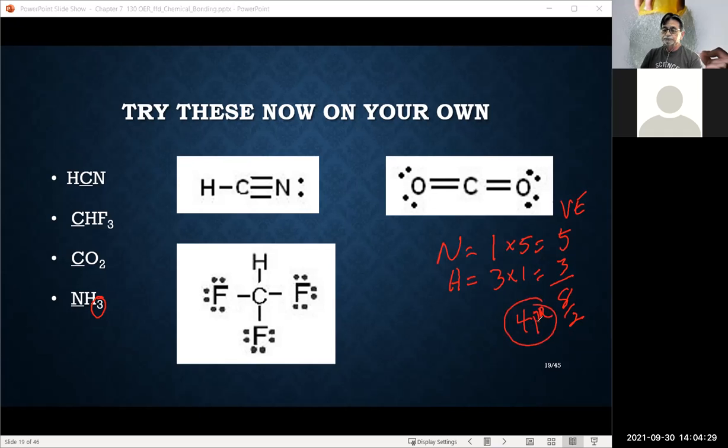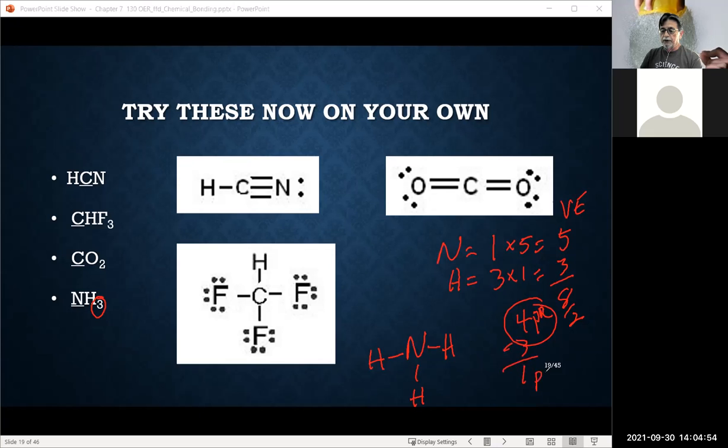4 pair. Okay, nitrogen is the central atom, so we can very quickly write nitrogen down, and then there's 3 hydrogens bonded to the central atom, so we can draw the bonds to the 3 hydrogens, okay? So that took care of 3 pair.